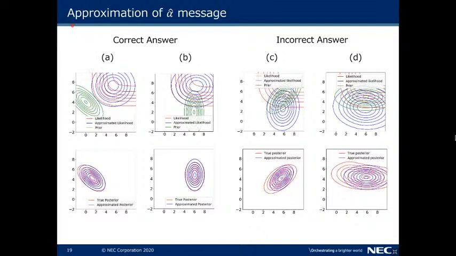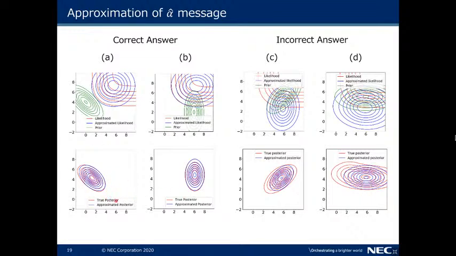The first is approximation of the alpha message. There are two cases, correct answer and incorrect answer. I just showed two cases for each. When you look at case A, the red contour is the likelihood, and green is the prior. Given the prior and likelihood, our approximation gives the approximation of the likelihood, the blue contour, and the lower panel shows the true posterior and the approximated posterior.